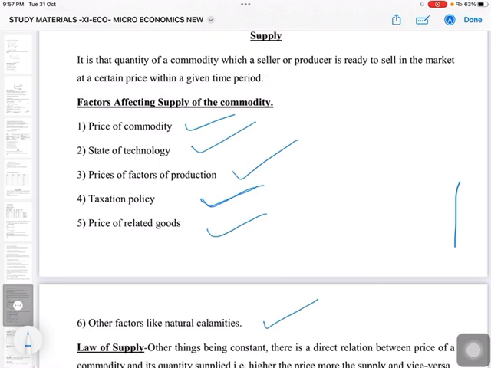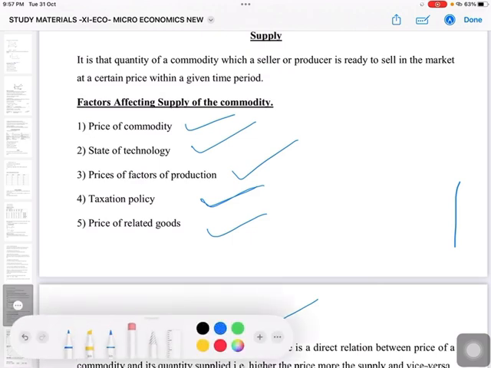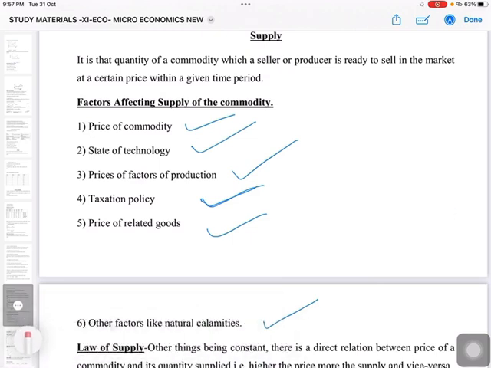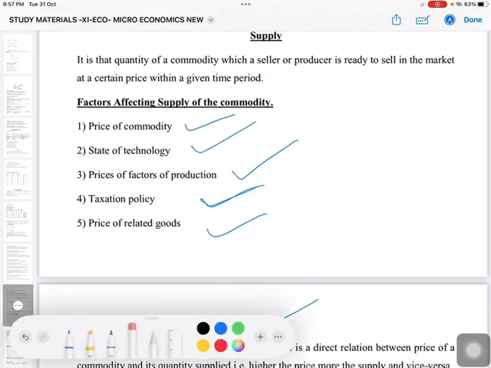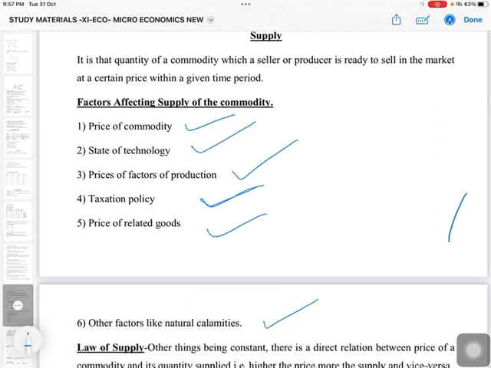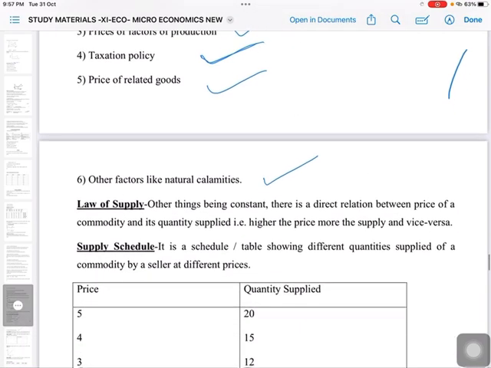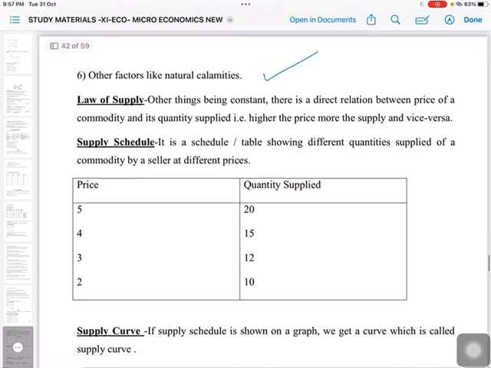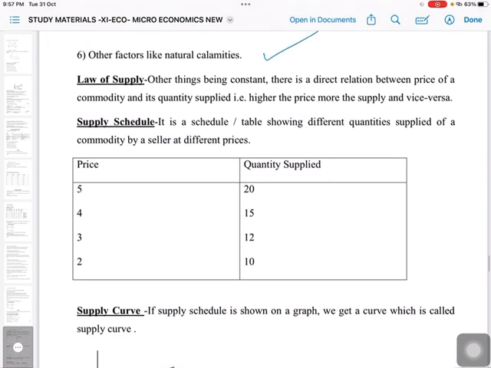Next is here, we'll be discussing about the law of supply. Law of supply studies the relationship between price of a commodity and quantity of supply of a commodity.